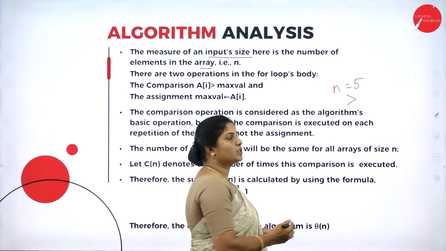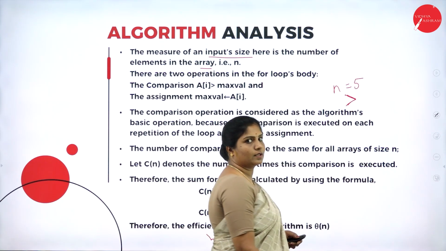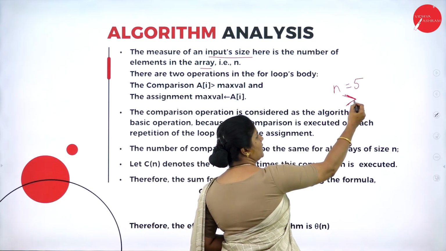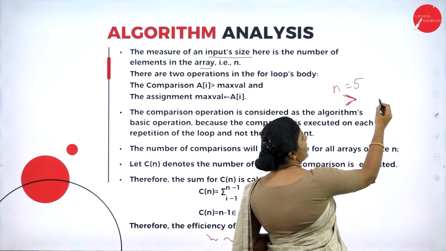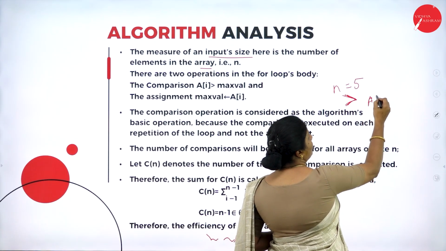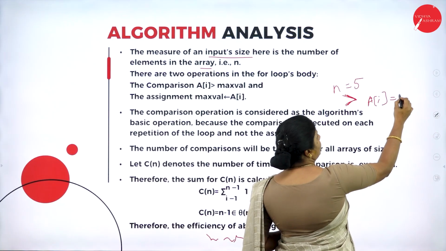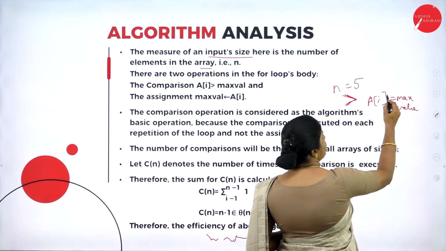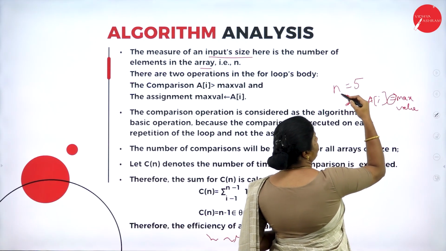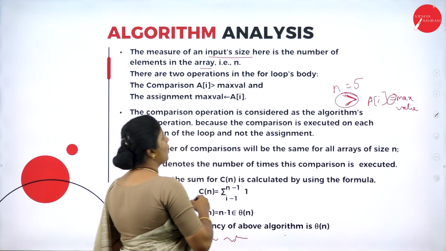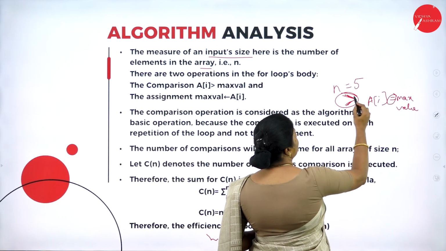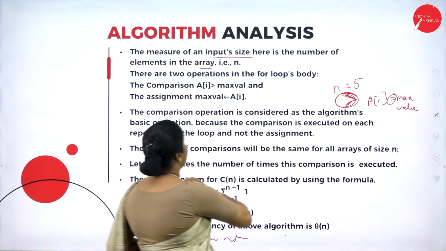So that's why we used the comparison operation. And we assigned the max value to A of I. So hence we used the assignment operation and the comparison operation here.